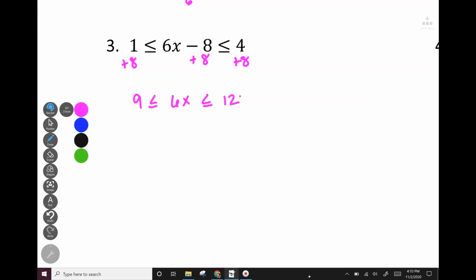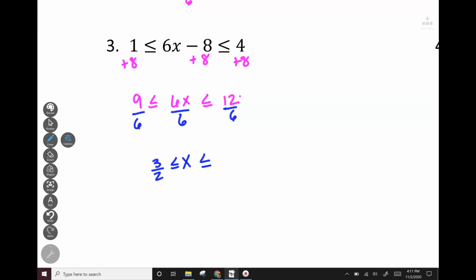And then divide by 6. Okay, so x, this side reduces to 3/2. This side reduces to 2.